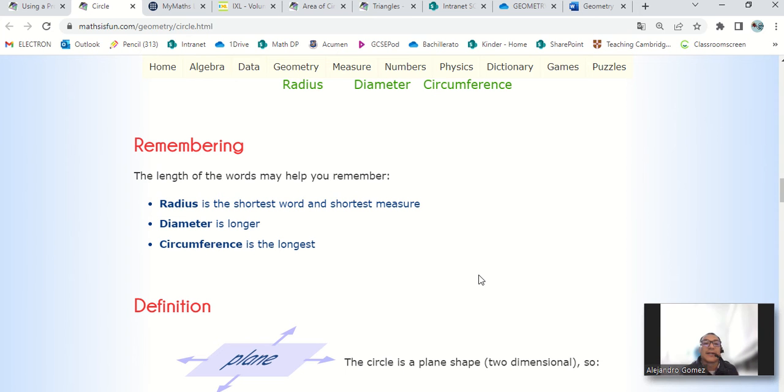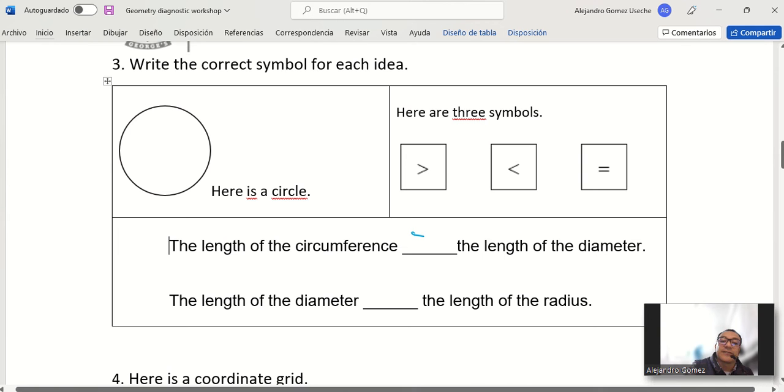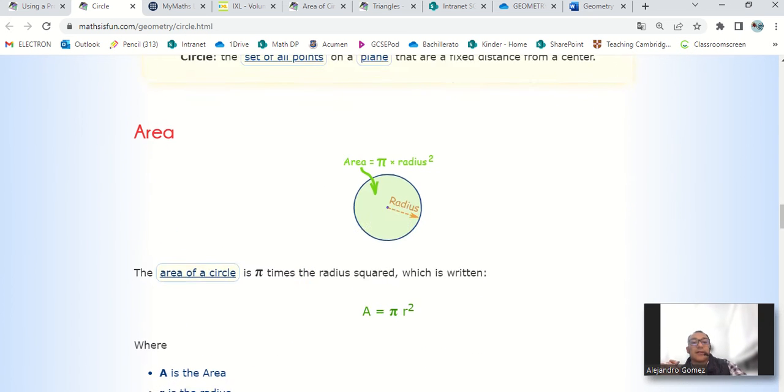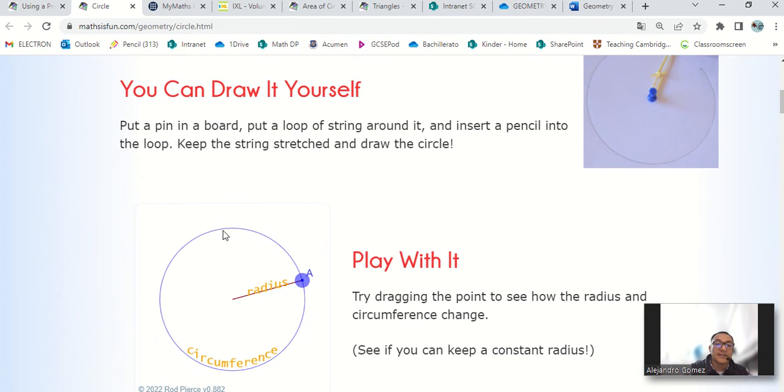Once again, keep it in mind for you to improve. Let's answer this. The length of the circumference is greater than the length of the diameter. Let's come back here and not talk about the area, but this. The length, this distance around the circumference, is of course greater than the radius, and of course greater than the diameter.